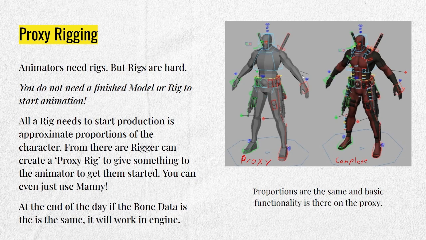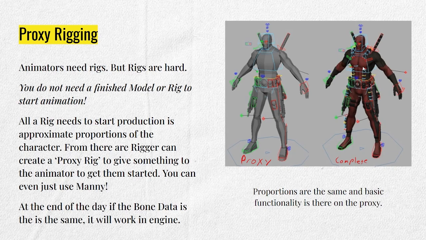This is how long his arms are going to be. This is how long the upper arm is in relation to the forearm, in relation to the hand. This is how big their head is. That's not going to change. Here is something for you to work with while I go and finish the model.